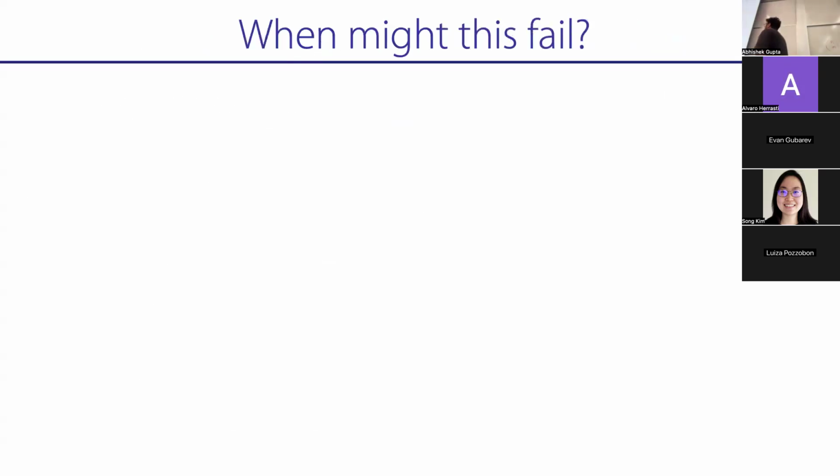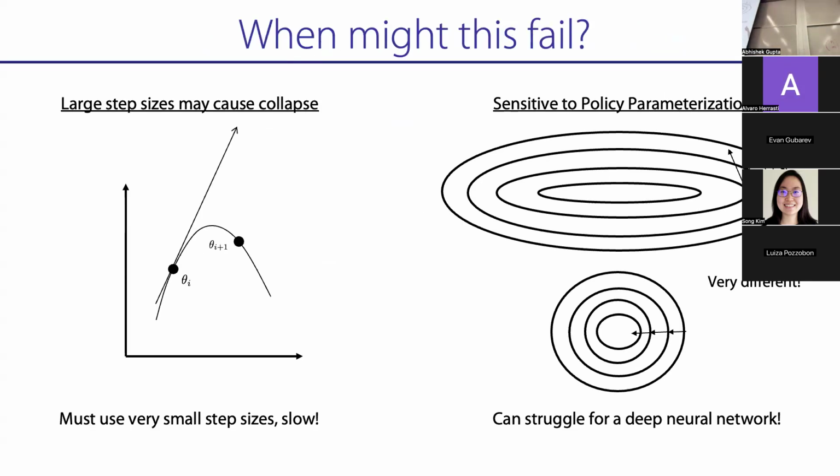So your space might start looking like that, with one dimension way more stretched than the other. When you do gradient descent on that space, it tends to zigzag a lot, so your condition number is pretty bad. You want your space to look a lot more like this. Your gradients become really sensitive to the scale of your policy parameterization.